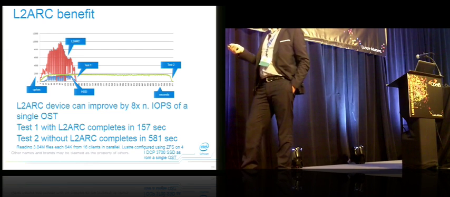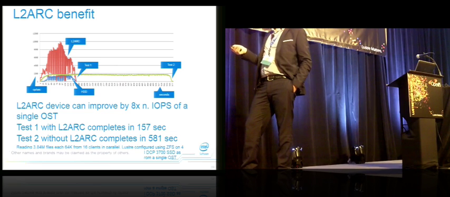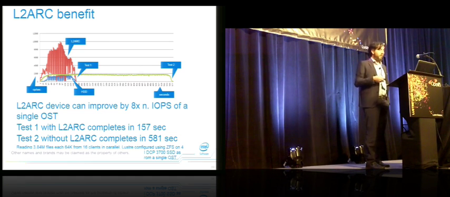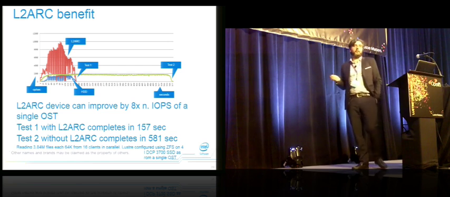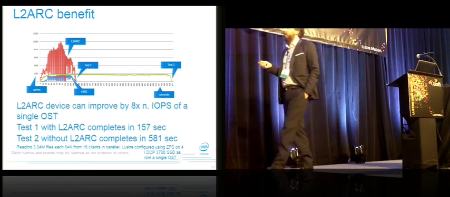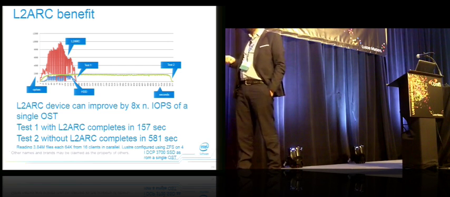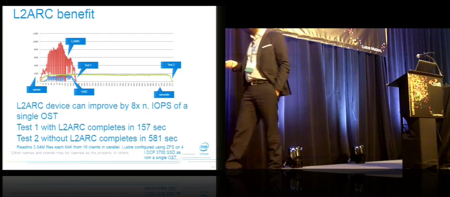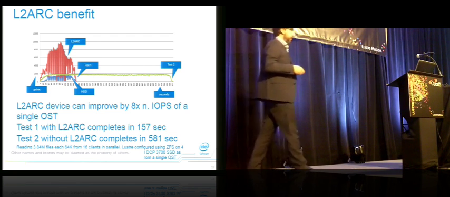We have two tests, one with and one without the L2ARC, and as you can see, the number of IOPS that I achieve with L2ARC is like 8 times the IOPS that I have with the normal OST without L2ARC. This is a specific benchmark that I did using our DC P3700 SSD disk.